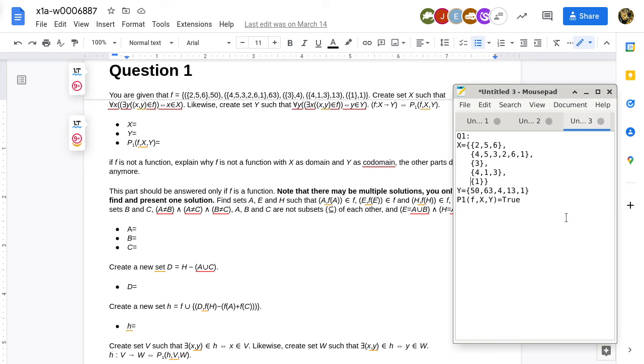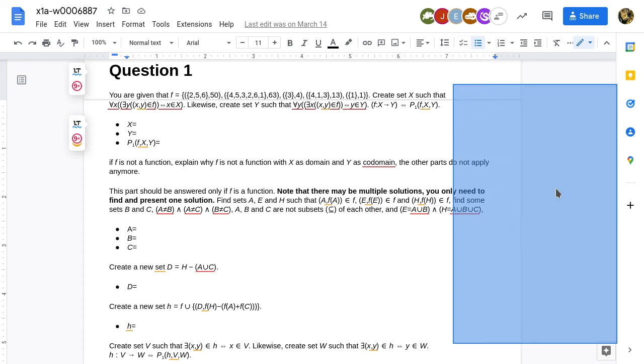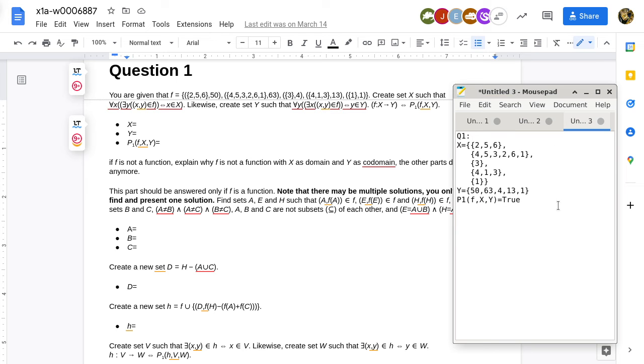But the question is not asking about which one is A, E, and H, but we'll figure out the A, B, C later on. So now we'll say A is the smallest one, which is just one. E is the next one up, which is 4, 1, 3. And then H is the next one up, which is 4, 5, 3, 2, 6, 1, like so.